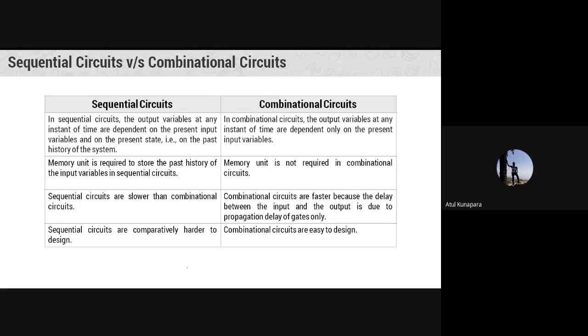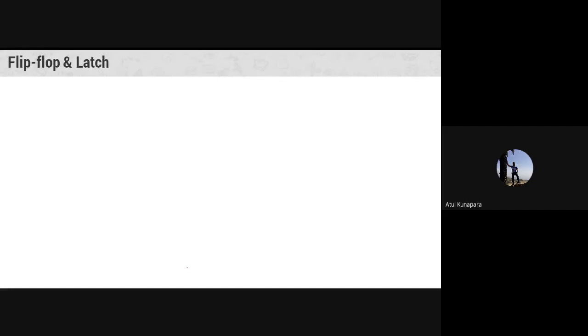Okay. Now, what is the data storing element? What is the smallest component, or part of a circuit, which is able to store data? You have basic knowledge of a pen drive, a memory card, a hard disk.